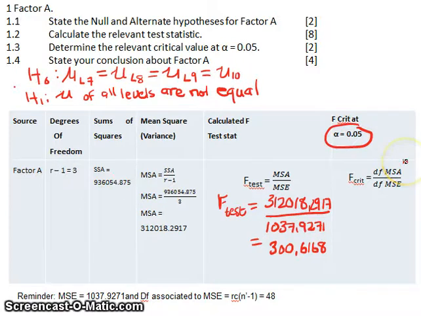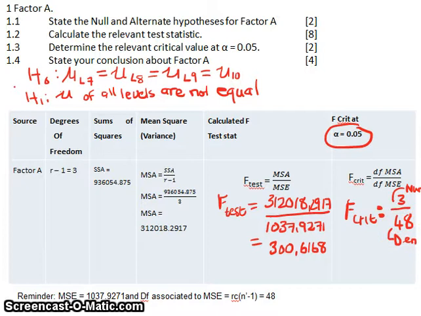And so we're going to use 3, F crit, and I'm going to use a colon there, 3, so I'm going to look for 3 in my numerator, and MSE's degrees of freedom is 48, so 48 in my denominator.